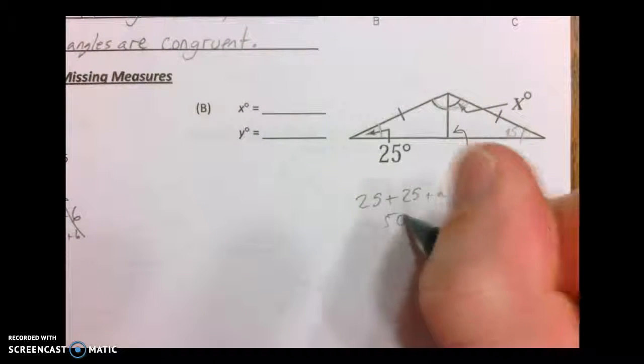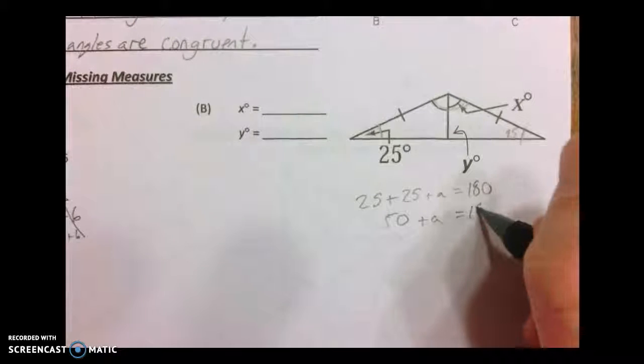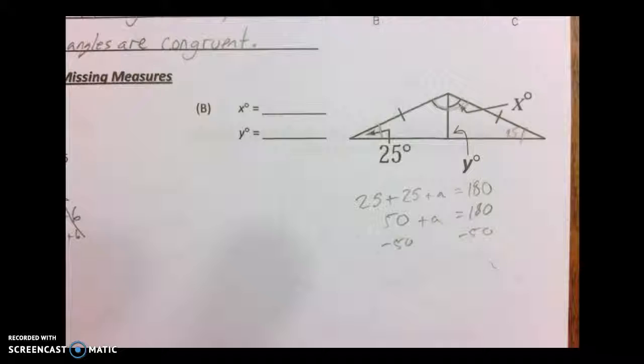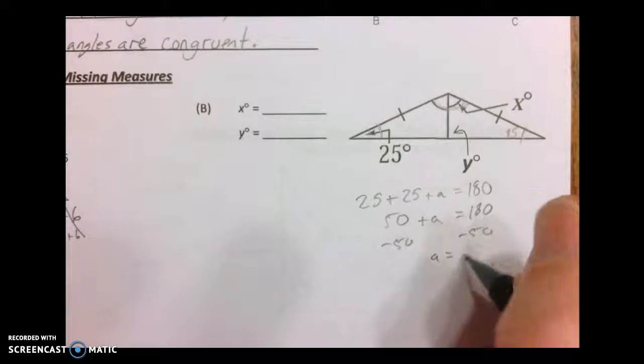So we get 50 over here plus A equals 180, minus 50 from both sides, and we get A equals 130.